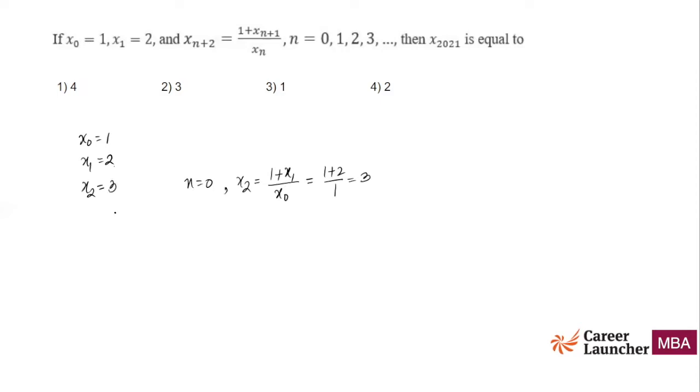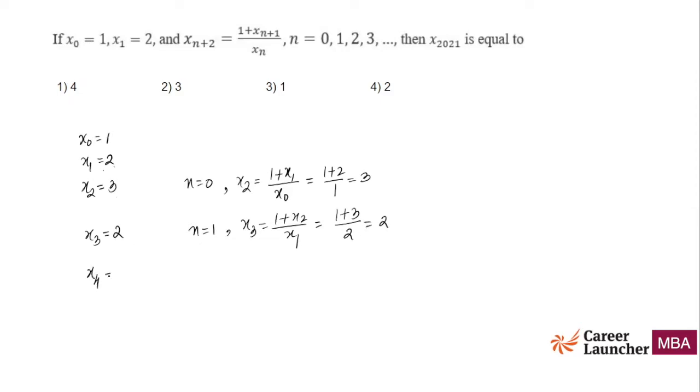If I want x3, I need n is equal to 1. So I will have x3 is equal to 1 plus x2 upon x1. I know the value of x1 and x2, both of them. So I can rewrite this as 1 plus 3 divided by x1, which is 2. 4 by 2 will give us 2.